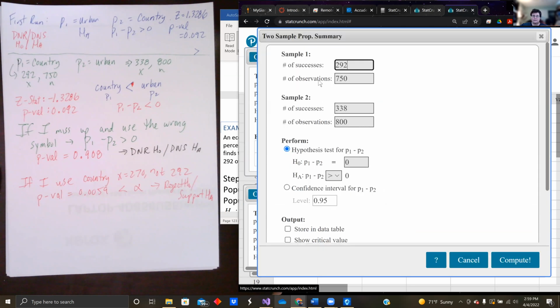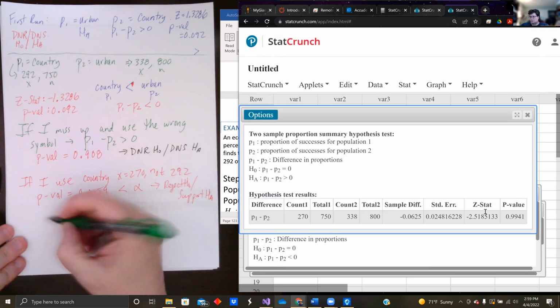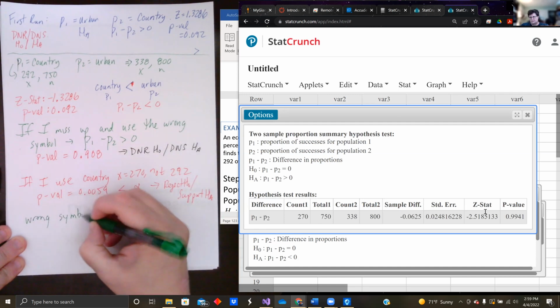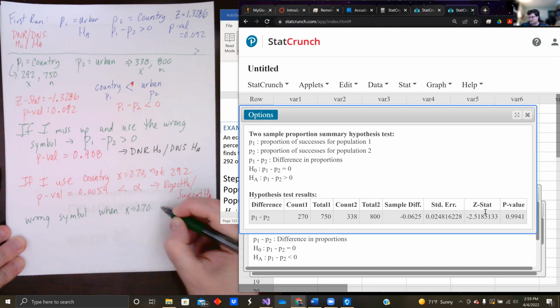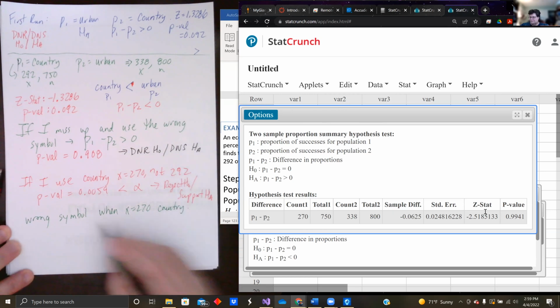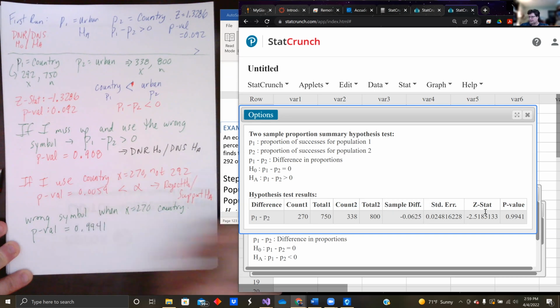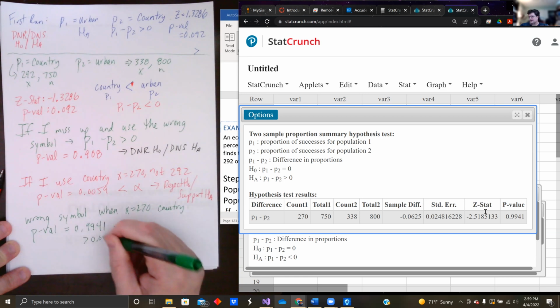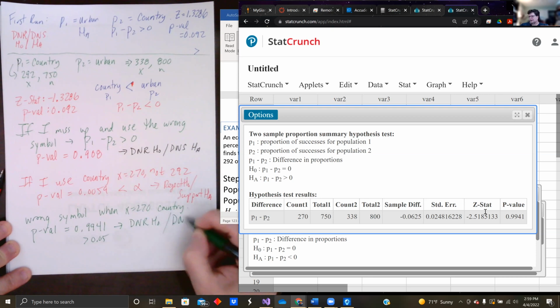If I put the wrong symbol when X is 270 on this one for country, my p-value is 0.9941. And this is definitely greater than 0.05. So this would be a do not reject H0, do not support HA.